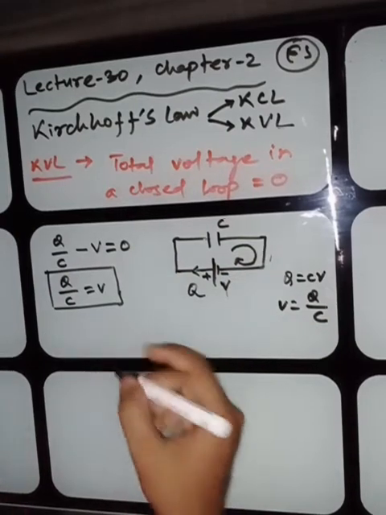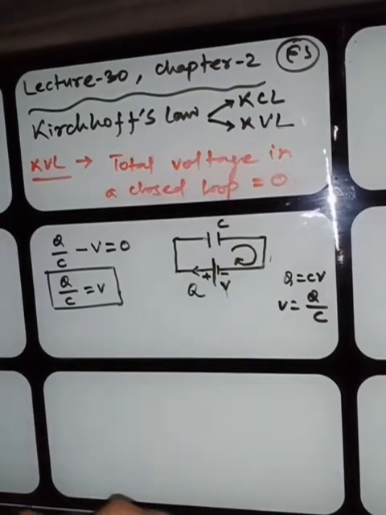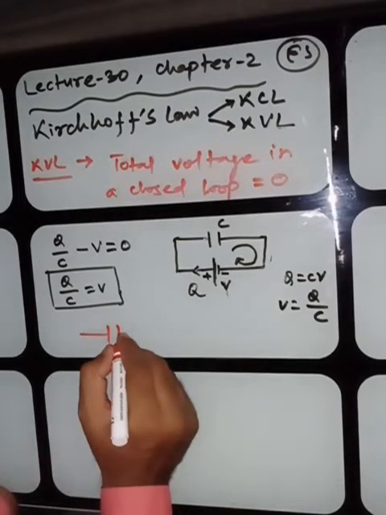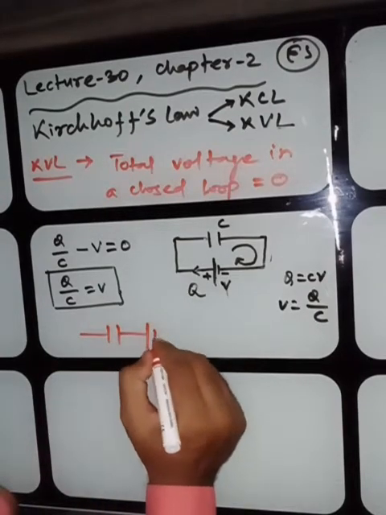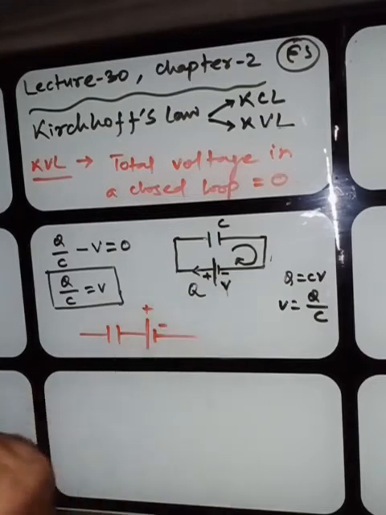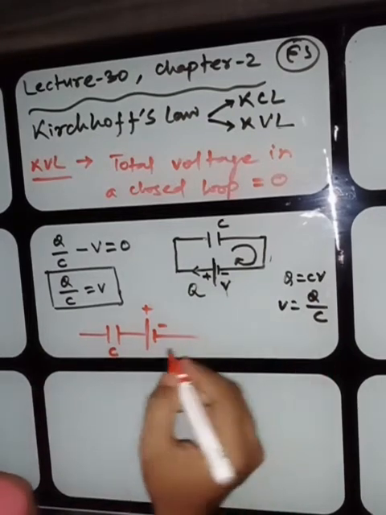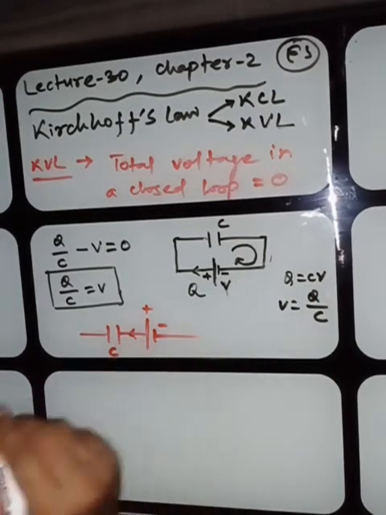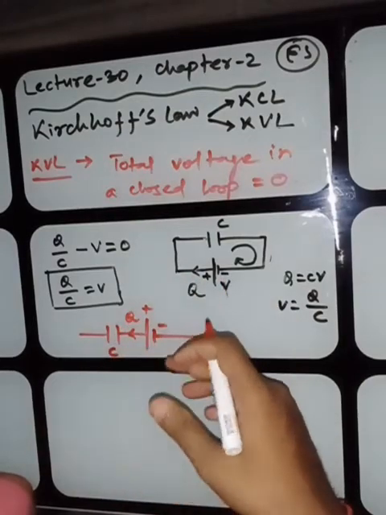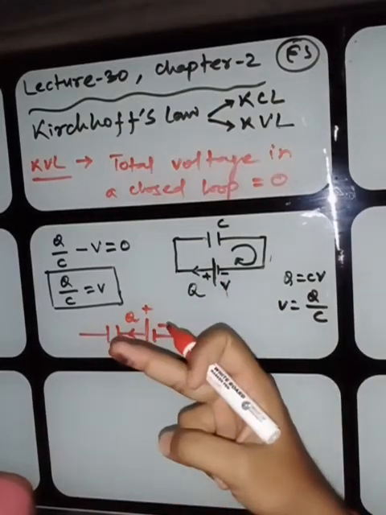Suppose we have a capacitor, and this is the battery. This is the positive terminal and this is the negative terminal of the battery. If charge is moving in this direction, remember, it is not necessary that charge will always move from the positive terminal in this direction.